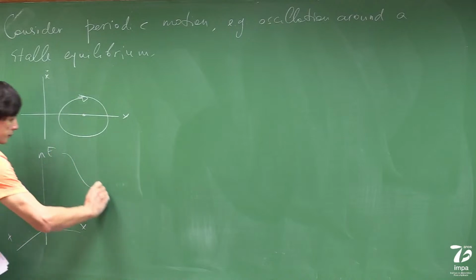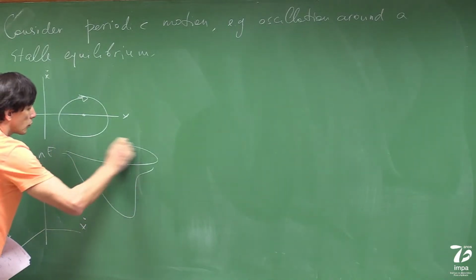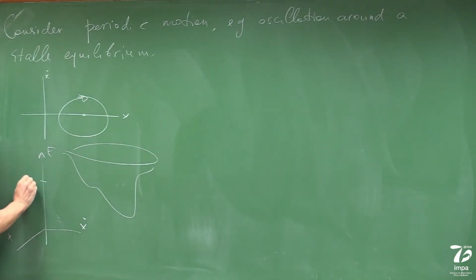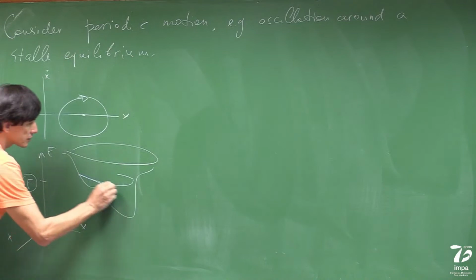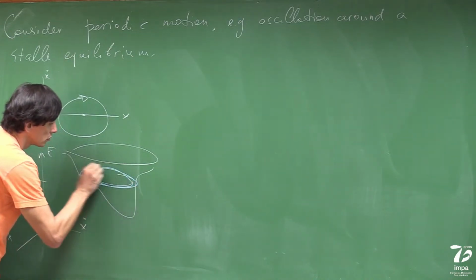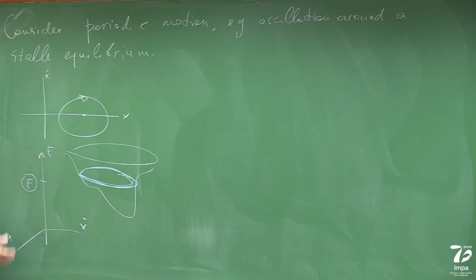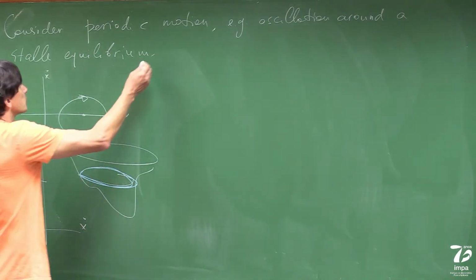It's a certain surface, and if we start with an initial condition which cuts this surface at a closed line, then this will be our orbit on a phase space. Right? So just project it. So let's assume that we have periodic motion, so let's find the period.